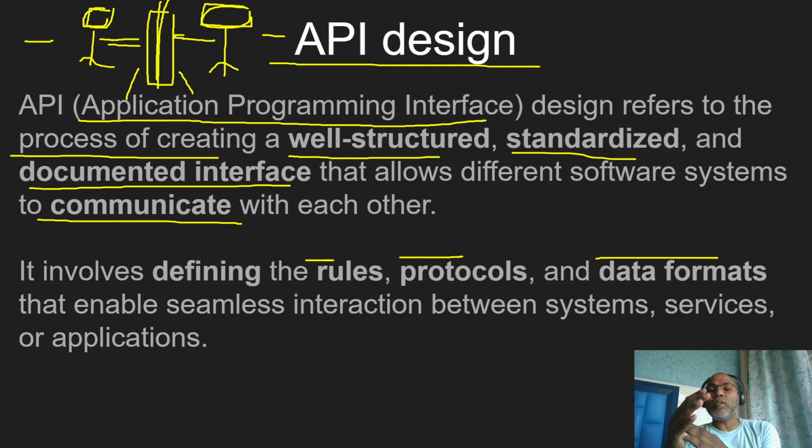Similarly, the client sends a request and the server can respond. Whatever request is sent by the client must be understood by the server. And the response returned by the server must be understood by the consumer. So very mutual understanding is required. First the client sends a request to the server.